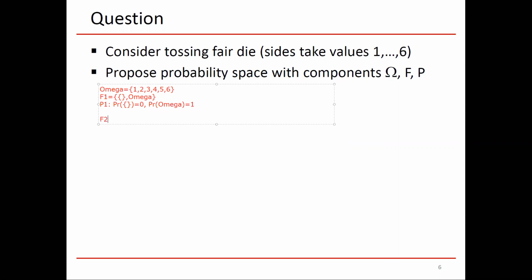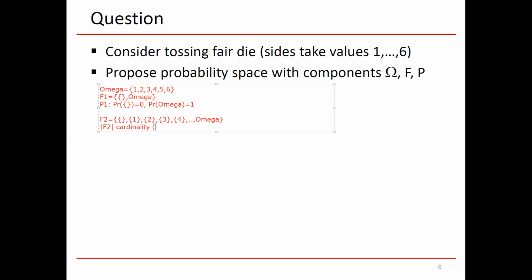So F2 will be a realistic set. So it'll include the empty set. It'll include 1. It'll include 2. It'll include 3. It'll include 4. And so on. And it'll also include omega. Now, what is the cardinality of F2?